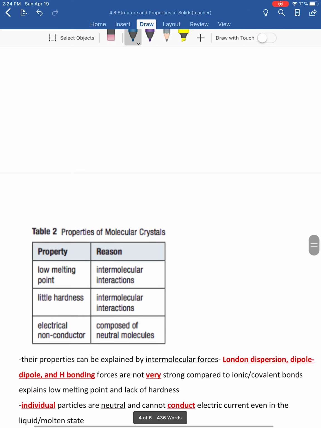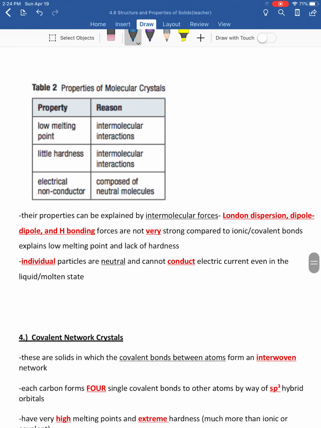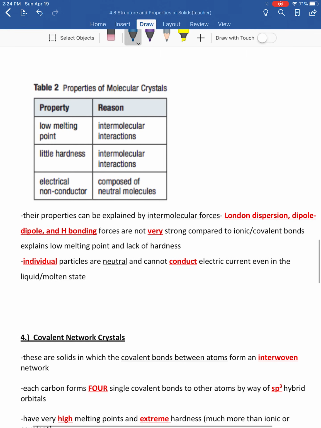So if we take a look at the properties of these molecular crystals, they have low melting points because of the intermolecular interactions, right? There's no ionic bond.